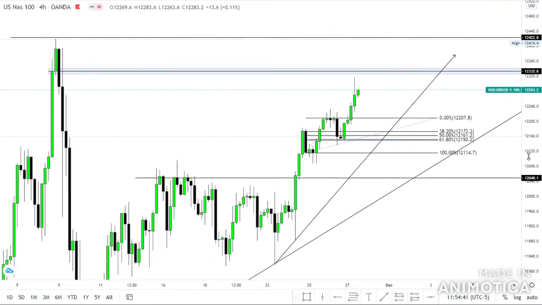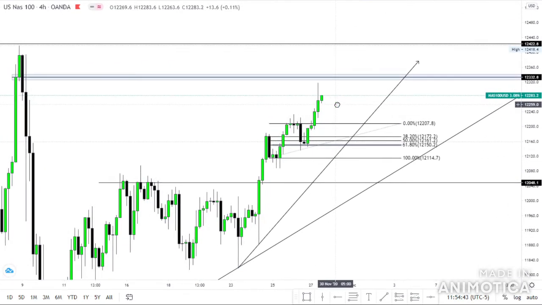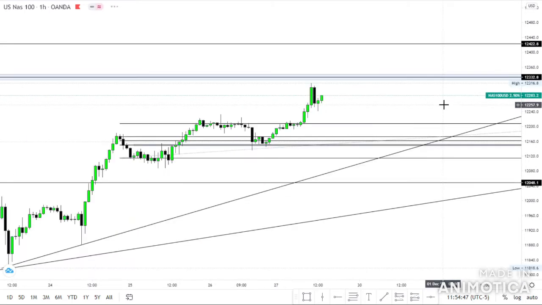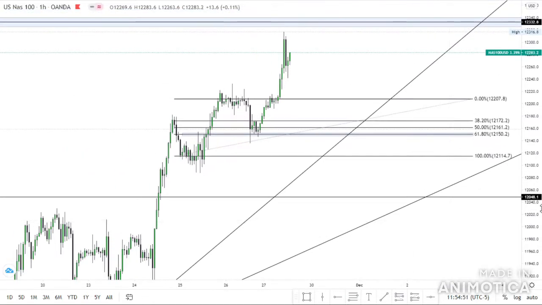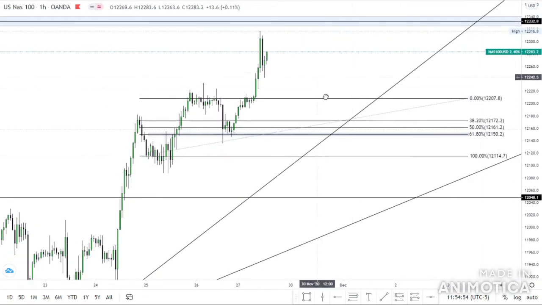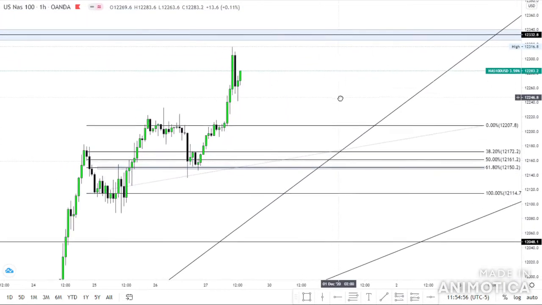So now the same thing on this part right here. Let me just head to the 1 hour to make it clearer. So now the same thing here on this high right here.